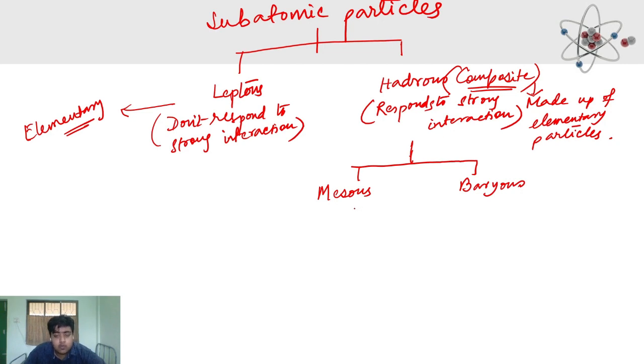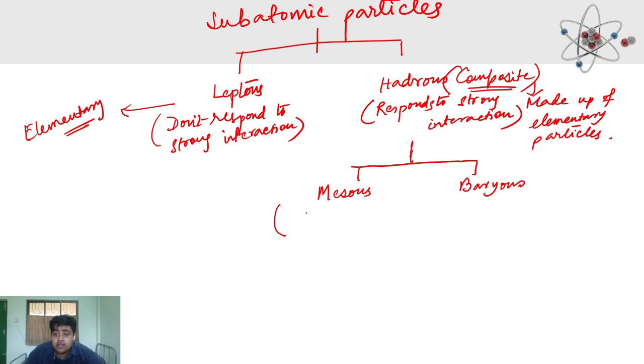So, what are mesons? Mesons are those hadrons which comprise a quark-antiquark pair. That means they are composite particles and they are made up of two elementary particles.